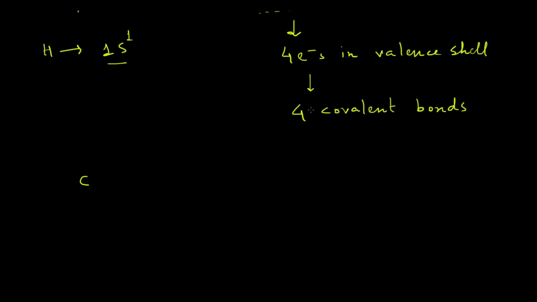Since 4 unpaired electrons are available for the carbon atom, according to Lewis we draw a structure where these 4 electrons are around the carbon atom like this. You can consider a square around this carbon atom, and place these electrons, represented as dots, on each side of the square like this, and then place 4 hydrogen atoms around this carbon atom.